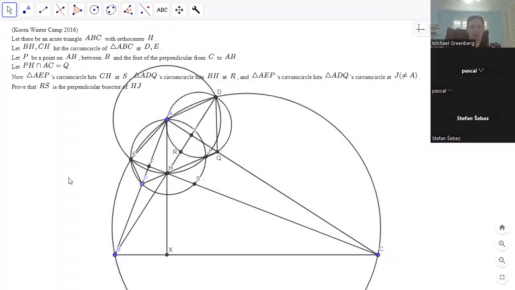So we have a lot of information. Yeah, so A lies on the perpendicular bisector of HJ because this circle exists. So I proved that AHJ is isosceles.